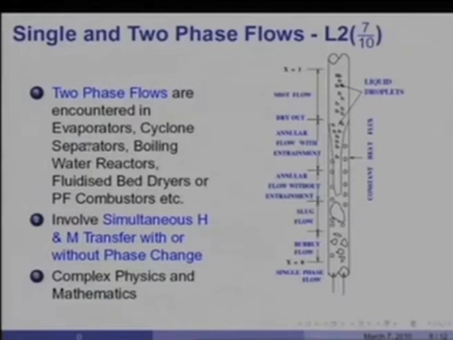You have situations of cyclone evaporators, cyclone separators, boiling water reactors, fluidized bed dryers. All these are situations involving simultaneous heat and mass transfer with or without chemical change. Extremely complex physics and mathematics are involved, whereas in single phase flows, the physics are relatively much simpler.